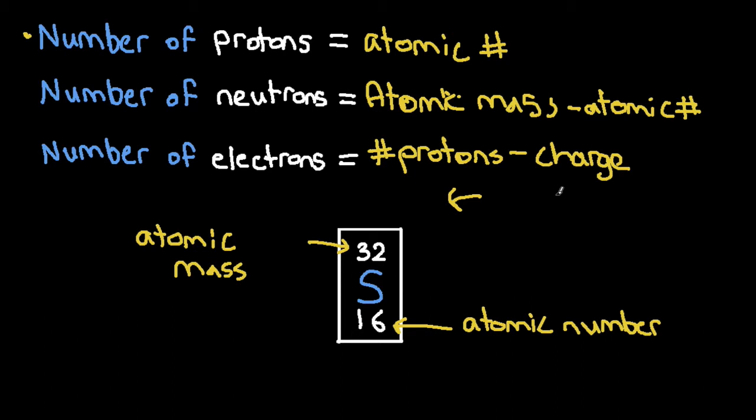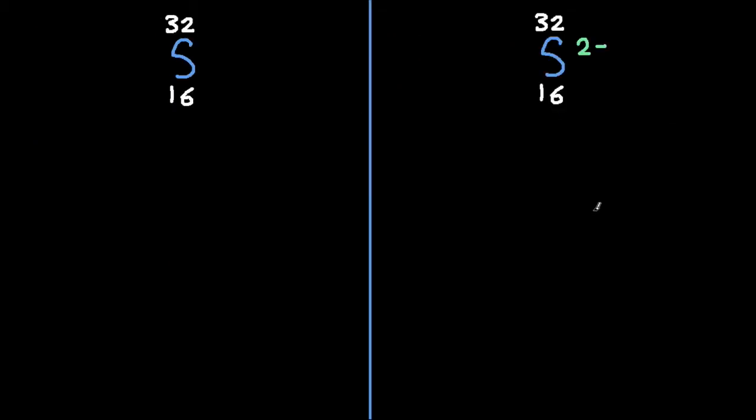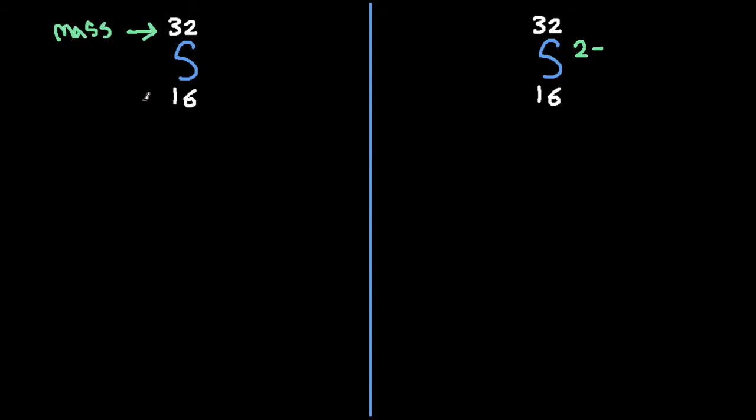So what we're going to do is try some examples that'll help you understand, and hopefully you'll be able to try them on your own at the end of the video. Now let's get started with the first question. Now this is the same sulfur atom that we encountered at the beginning of the video. So like we said, we have our value of 32 that represents our mass, and our value of 16 that is our atomic number.